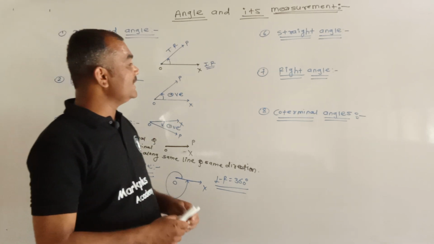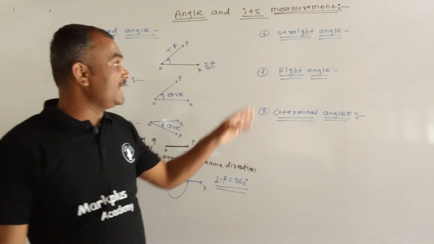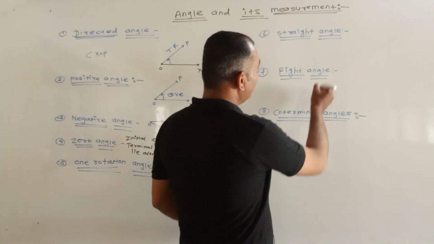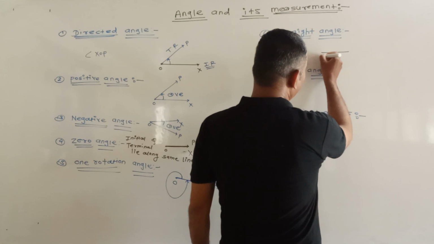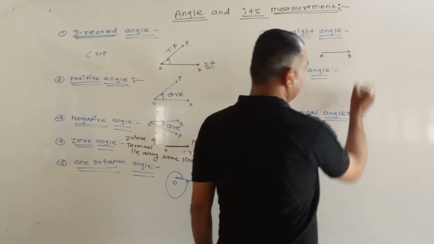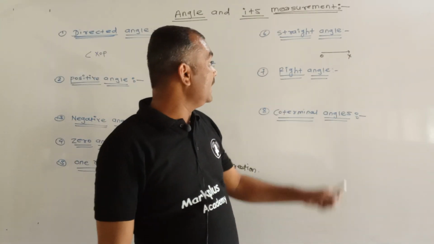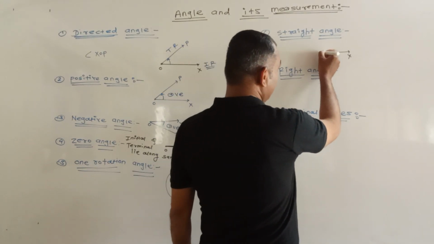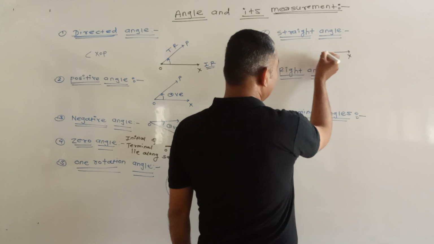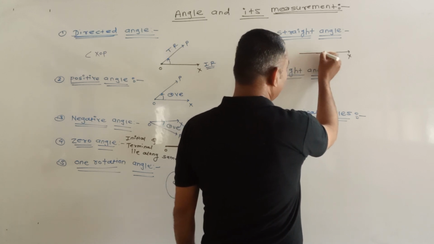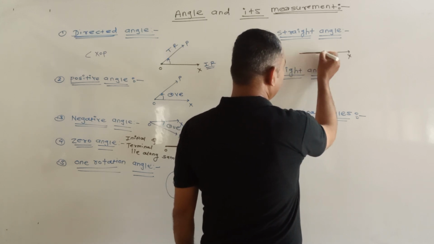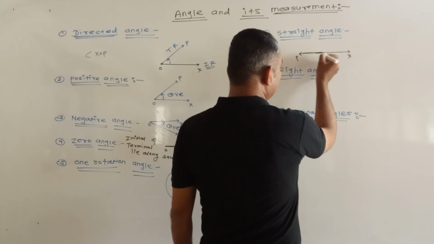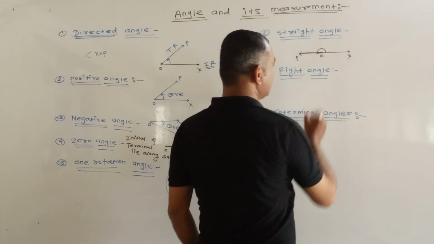Then after that we will discuss the definition of straight angle. So what is a straight angle? Suppose this is your ray OX, which we call the initial ray, and this ray rotates about the point O, and we get the final position OP. This is called the terminal ray. Then this angle is called a straight angle.